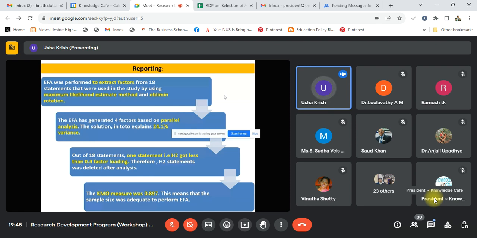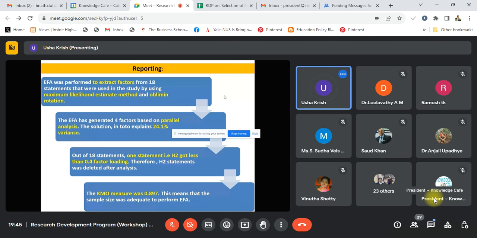The second point is, the EFA has generated 4 factors based on parallel analysis. The solution in toto explains 24.1% variance. This is to justify that their data does not suffer from common method bias. The third one, out of 18 statements, one statement, that is H2, got less than 0.40 factor loading. Therefore, H2 statement was deleted from the list.